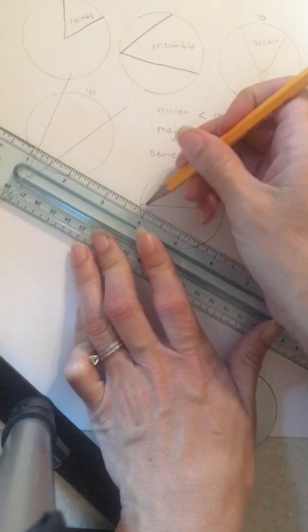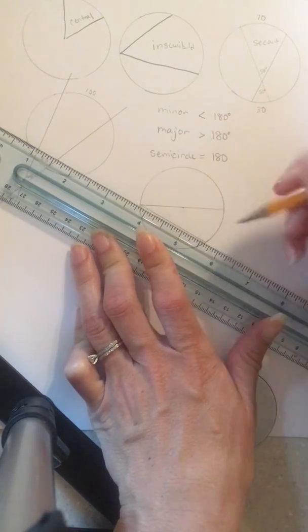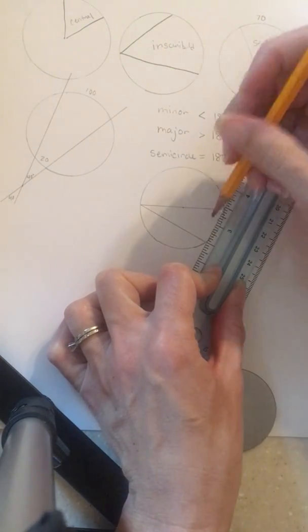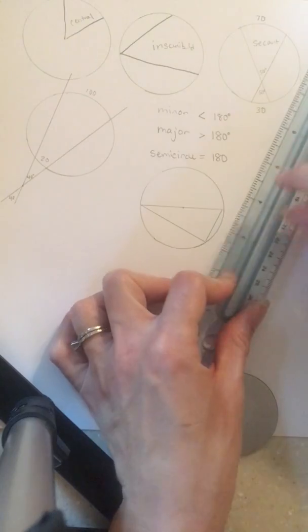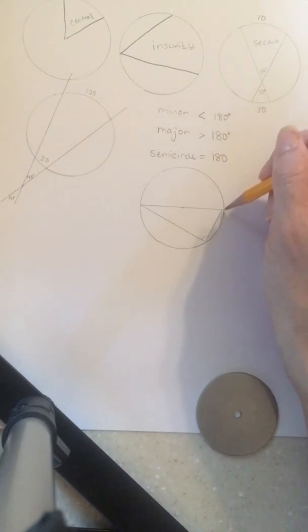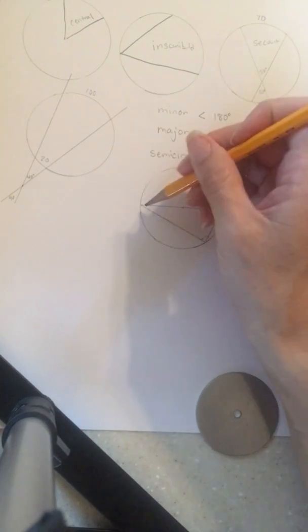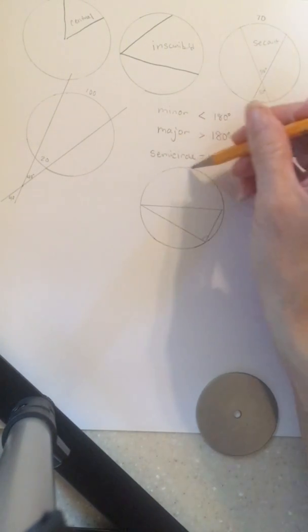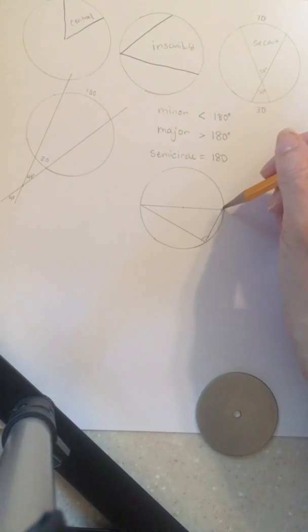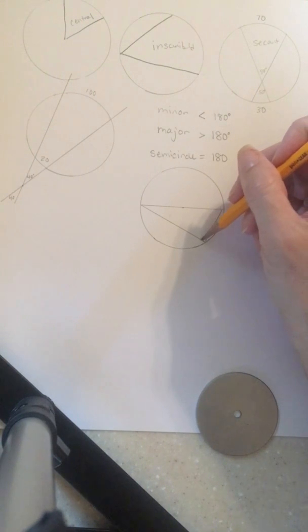It could be really anywhere on the circle. So there's my diameter, and here's my inscribed angle that's going to intercept this semicircle. If this is a diameter, I know this is a semicircle, so I know that this inscribed angle is intercepting a semicircle. In that case, what do I know about this angle?